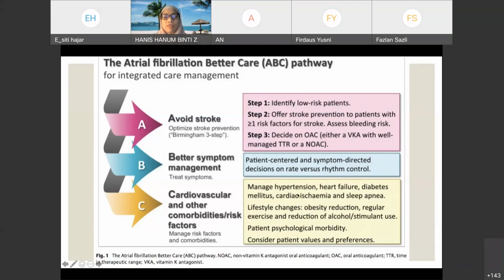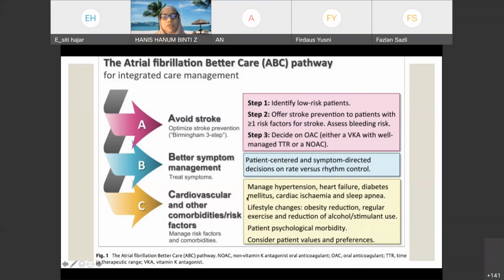That means if they have hypertension, we have to make sure that they are on correct treatment. If they have heart failure, make sure we check their ejection fraction, and we address all these issues, not just leave the patient on their own. So when we're looking at the patient, we have to look at the patient as a whole, not just one individual with one problem.